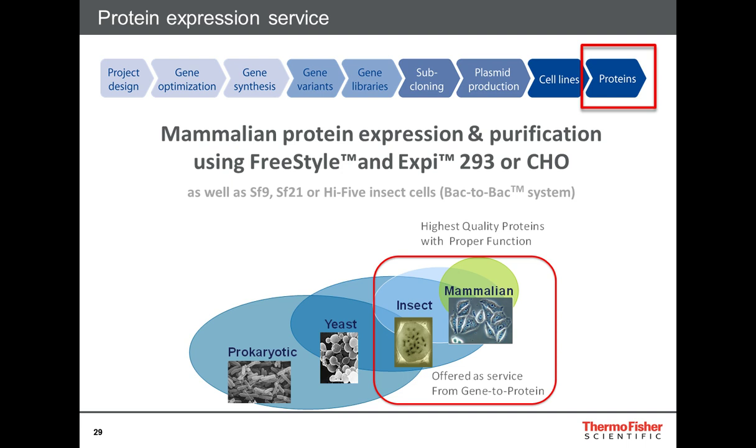For the expression, we of course rely on the excellent reagents that Thermo Fisher allows us to use, and that is of course Freestyle, and the XP system, since a year for CHO, or since 3 years for 293 cells.